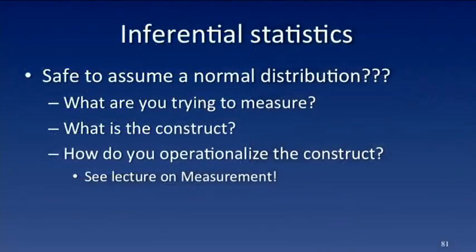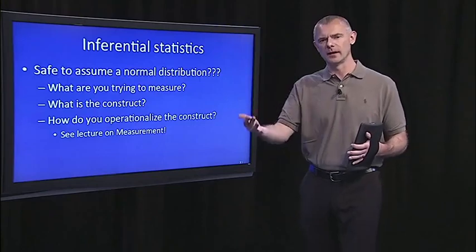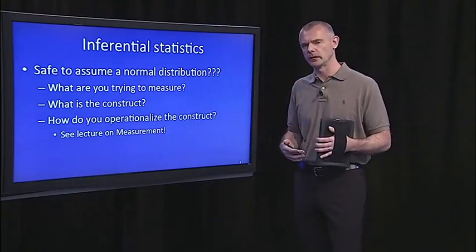That all depends on measurement issues. So we're going to spend an entire lecture on measurement. And in measurement, we'll talk about what is the construct under investigation. So say intelligence is a psychological construct. How we operationalize that is a phrase I'll use in the measurement lecture.